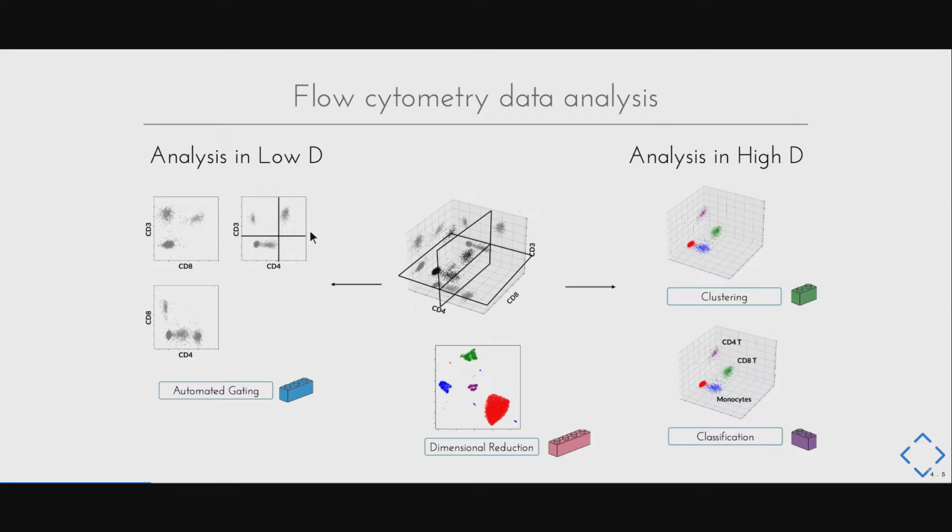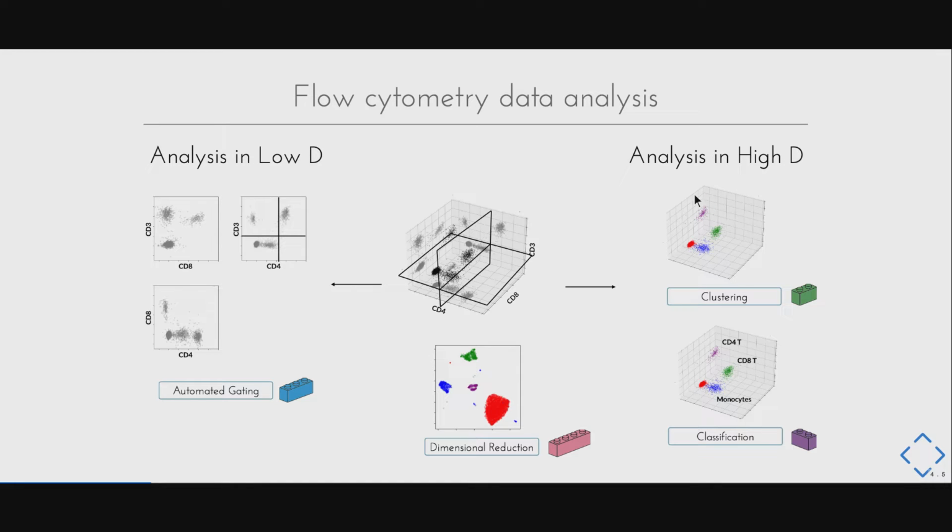So simulating manual analysis, we can also teach the computer to identify the data distribution patterns on a 2D or 1D projection, and then do the gating. Another approach is, instead of dealing with shadows or projections of real data, we analyze the high dimension data in high dimension space.